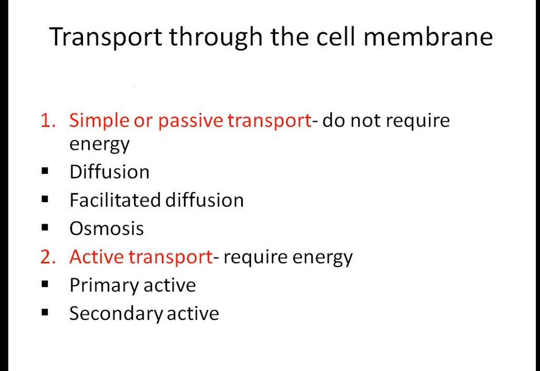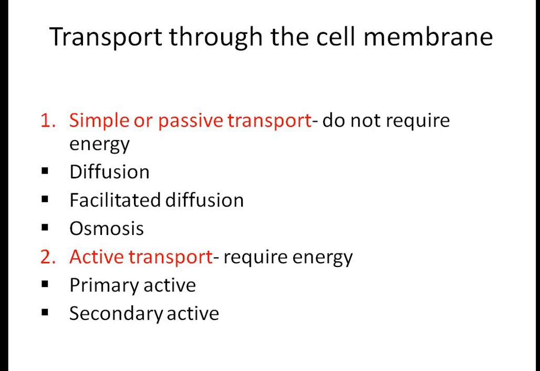So let us have an overview of the different mechanisms by which the transport occurs through the cell membrane. One is the simple or passive transport, the other one is active transport. Passive transport means the transport that occurs without the utilization of energy.